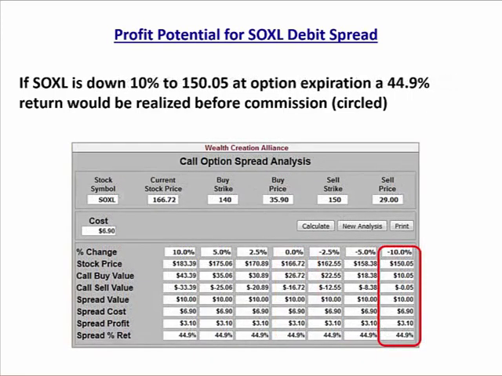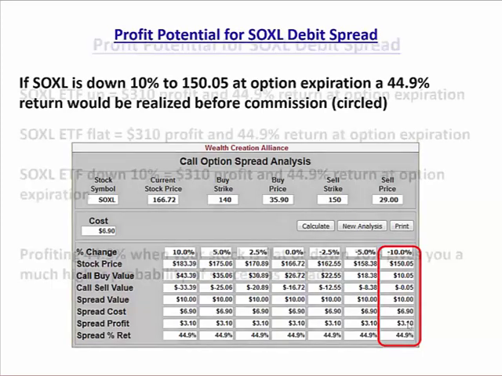Now let's look at the downside protection this spread provides, and we can see that if the spread is down as much as 10% to 150.05, we're still going to realize the $310 profit potential and a 44.9% return.